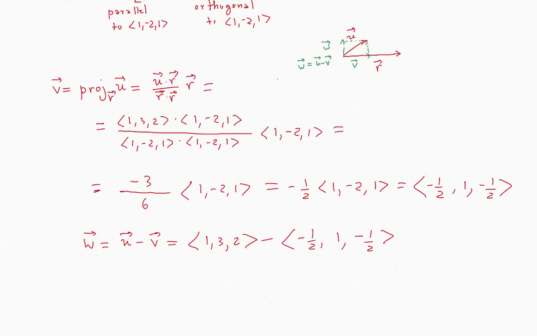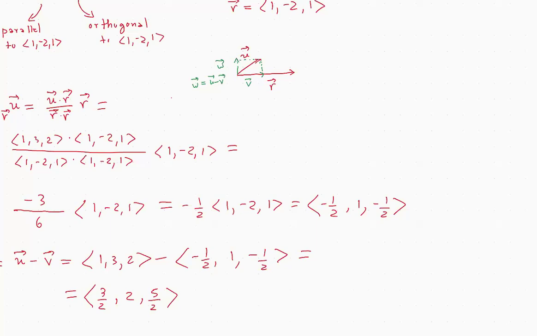So that's 3/2. 3 minus 1, that's 2. And 2 minus minus 1/2, so 2 plus 1/2, so that is going to be 5/2. Okay. And actually, if you wanted to double check and take the dot product of this with r, you would see that it's 0.